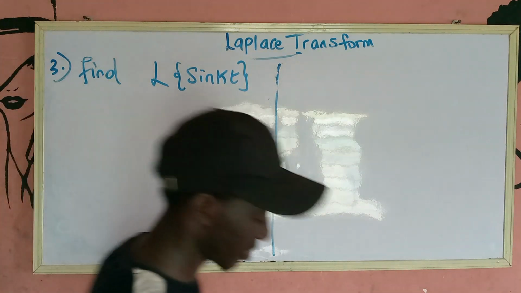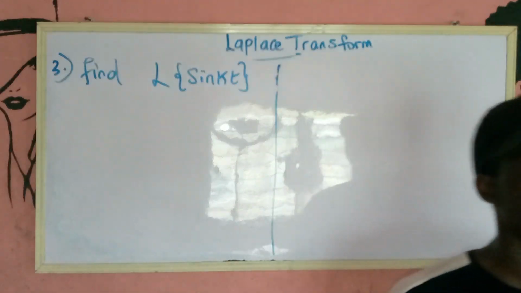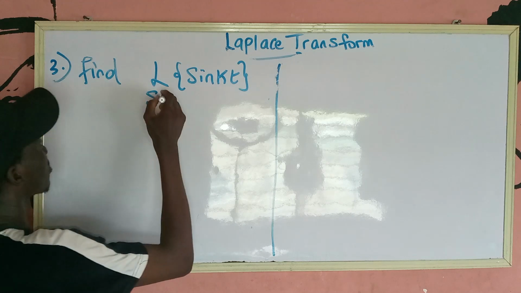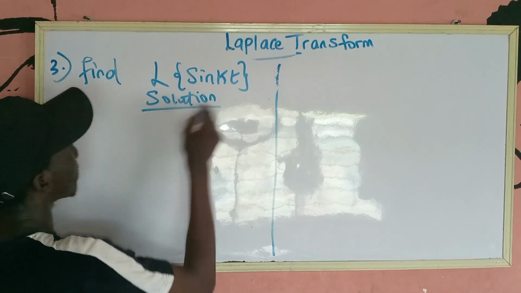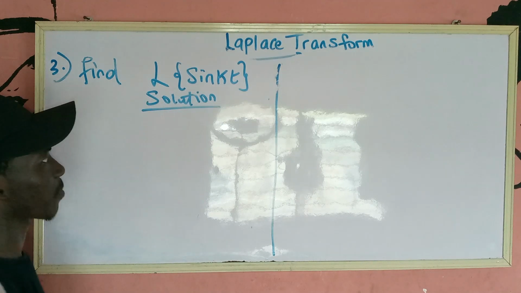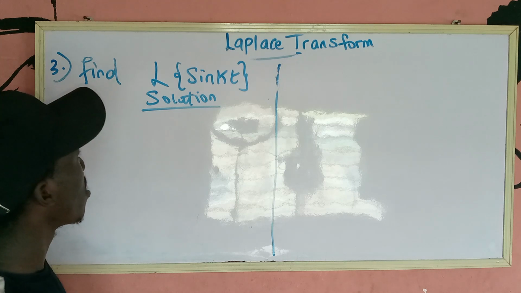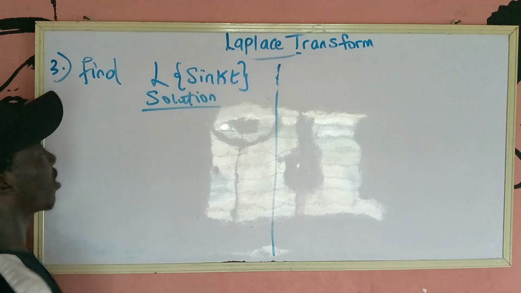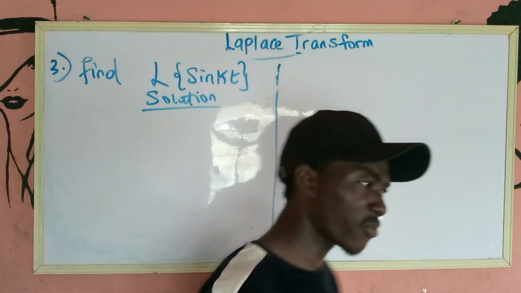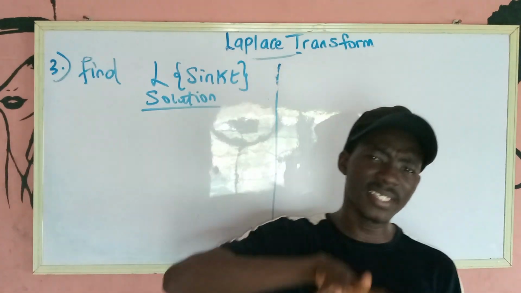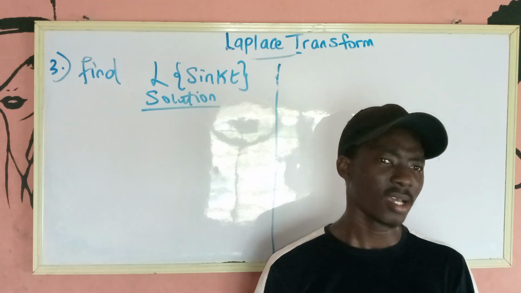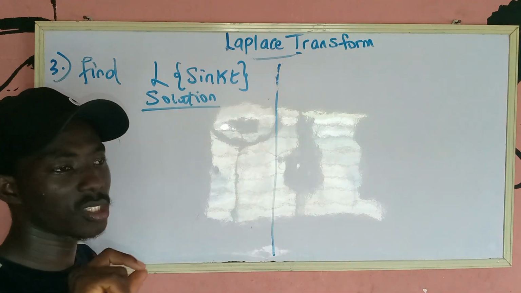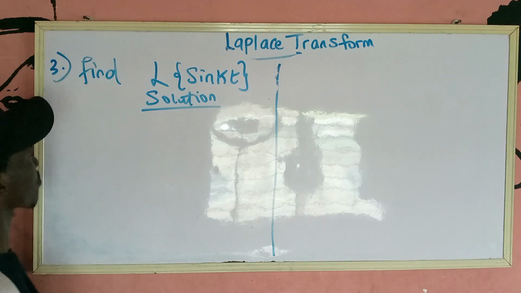Laplace of sine kt. So the k here is a constant. We want to find the Laplace transform. This stuff here has a very beautiful way of representing it in maths. So for that case, I'll introduce a new way, which is this way.